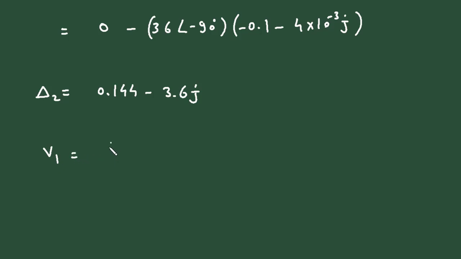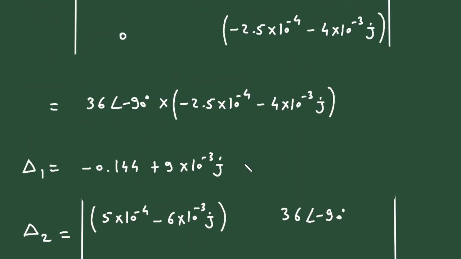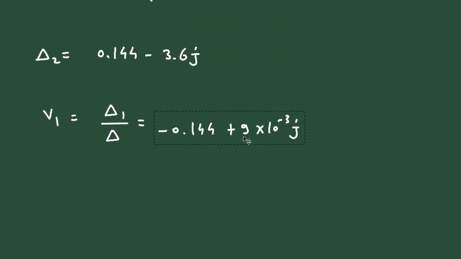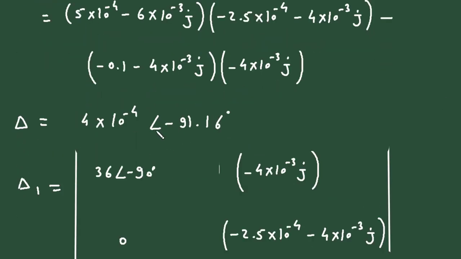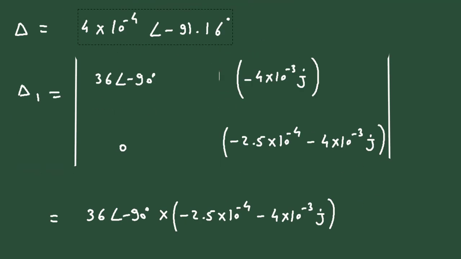So V1 is equal to delta 1 upon delta. Delta 1 value is this much, and this is the value of delta. We can take these values in either polar form or in rectangular form.